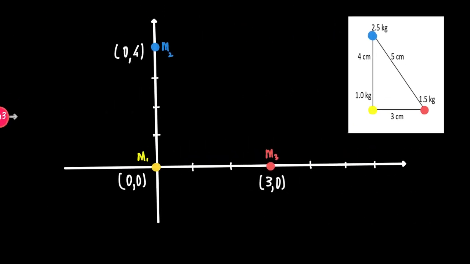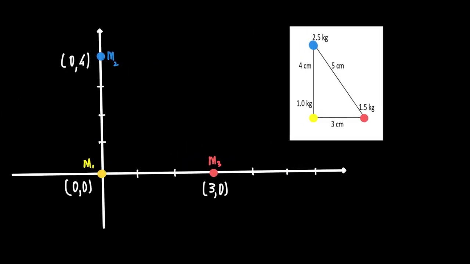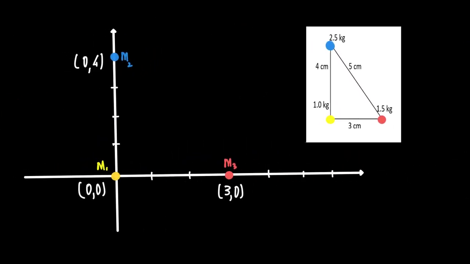If we were to consider the Cartesian plane here, so we have the x-axis and the y-axis, and convert the given lengths into coordinates, we have 4 centimeter converted to coordinate 0, 4, and 3, 0, right? And 1 kilogram is at the origin, so the position coordinates of m1 will be 0, 0.